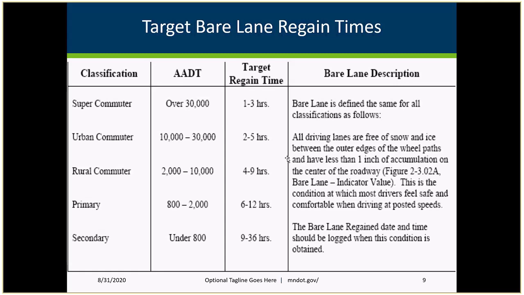For an urban commuter, 10,000 to 30,000, it's 2 to 5 hours after the event to regain. A rural commuter, 2,000 to 10,000 vehicles per day, 4 to 9 hours. A primary, 800 to 2,000, we're looking for 6 to 12.